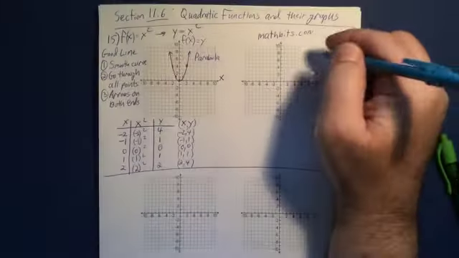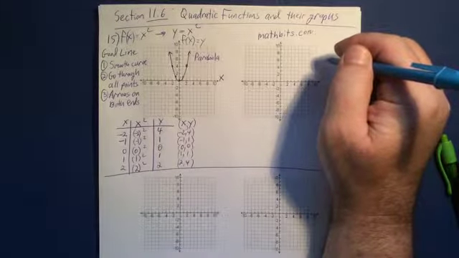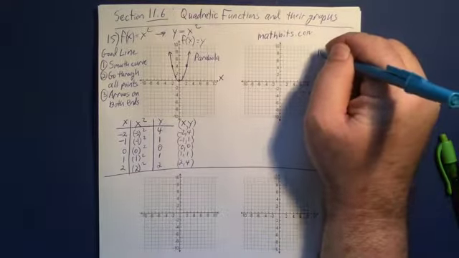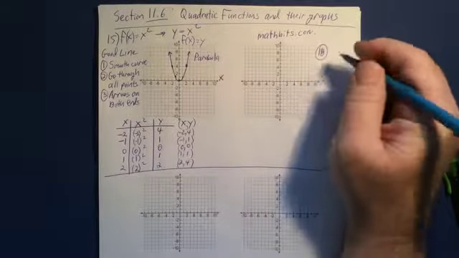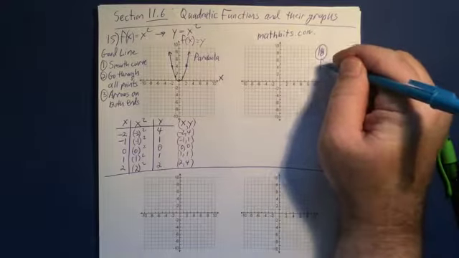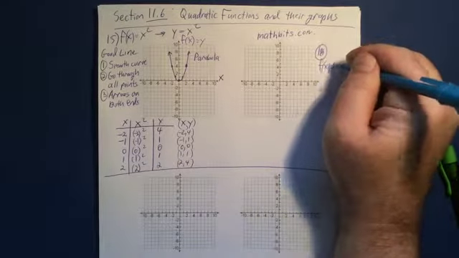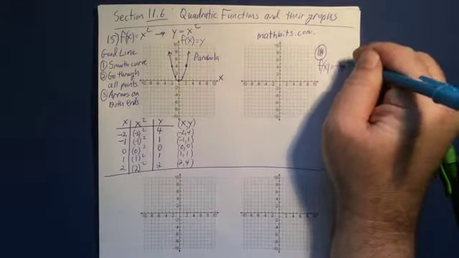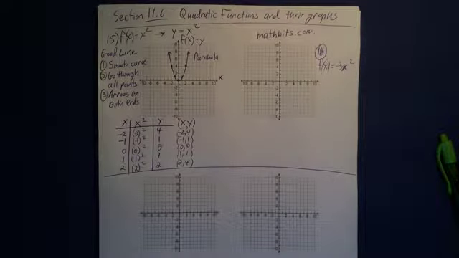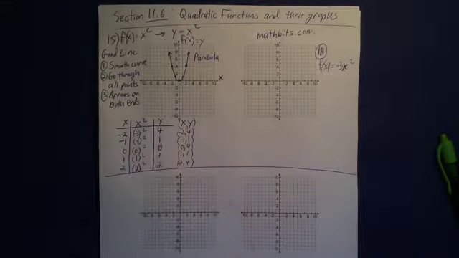Let's go ahead and take a look at question 18. And we have for 18, f of x equals negative 3x squared. So you notice that in the first equation, we just have a positive x squared, and that when this is positive, this is going to open up.